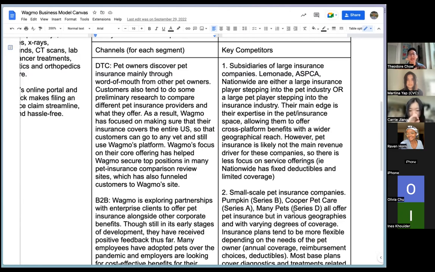As a result, it's important for a company like this to increase their search engine optimization to make sure that they're at the top of the list when someone searches insurance, and to ensure that their customers can go to any different service provider and still use the reimbursement function. So they're focused on increasing the spread of vets that they cover, as well as their core offerings, and ensuring that they are at the top of the list when they're searched for on Google.